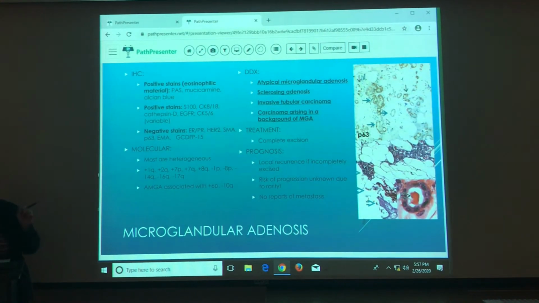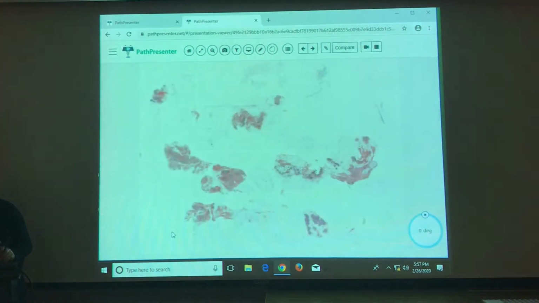And then we have an inset of that eosinophilic material, but it was pretty much everywhere on that slide, so that was really nice. No one really knows how well they do or don't do because they are really rare. As far as we know, they don't metastasize and they don't progress, but we might be completely wrong about that.